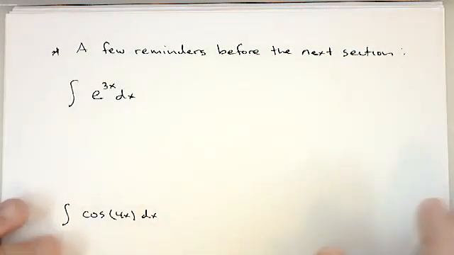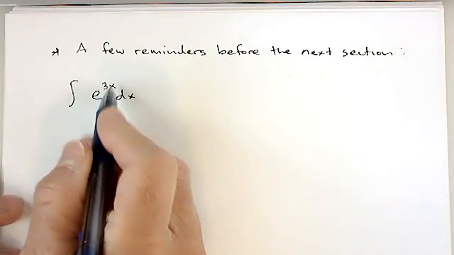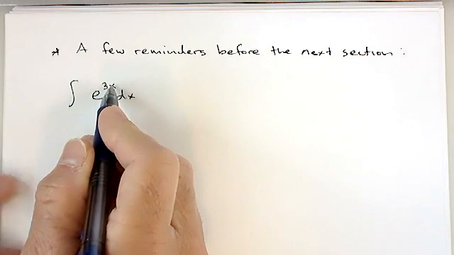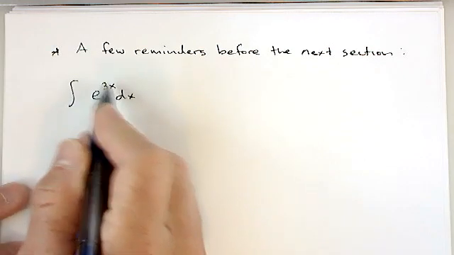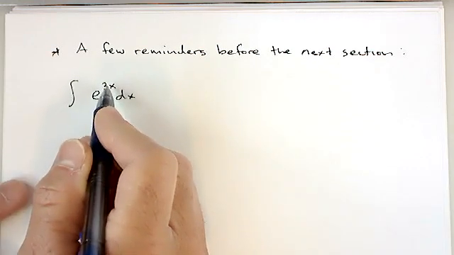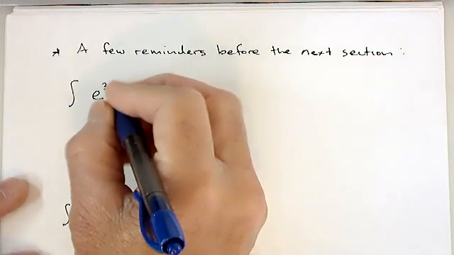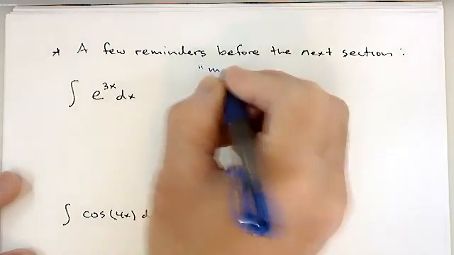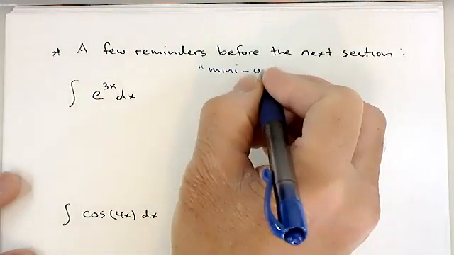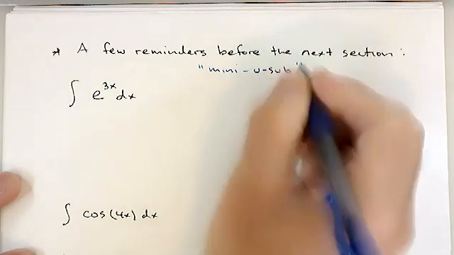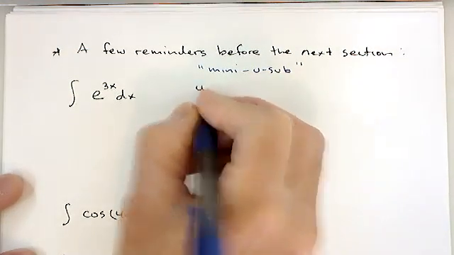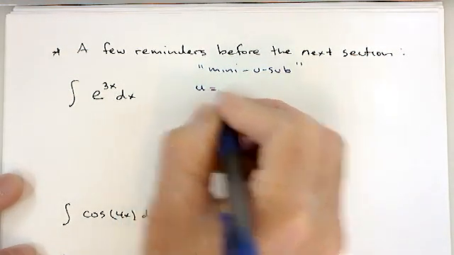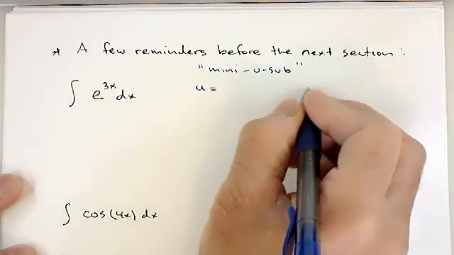If you get an integral like e to the 3x, where it's just a constant times x, and this came up in lecture just last hour, one way to explain what your antiderivative is, is to do what I call a mini u sub. I say a mini u sub because we've done some substitutions where we've let u equal a whole big long thing.